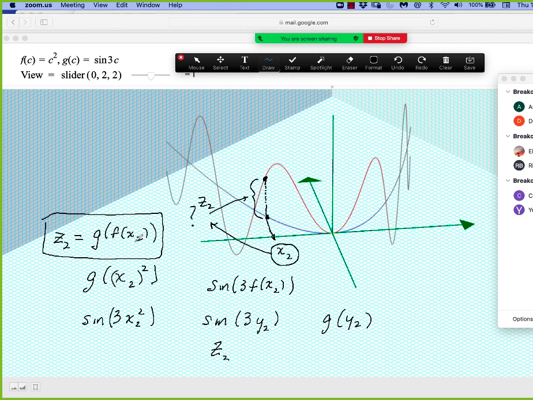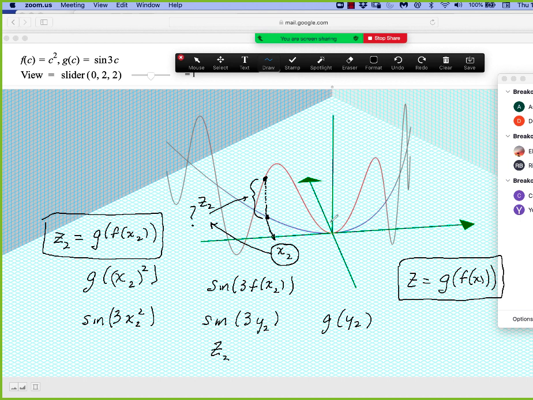For any x, you're going to get a corresponding z, where y is what you get in f for x, and then z is what you get from g from y. So all those z values are really g of f of x, are they not? Does that make sense? And so let's go back to that question.